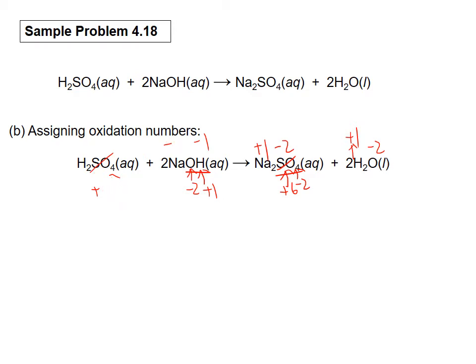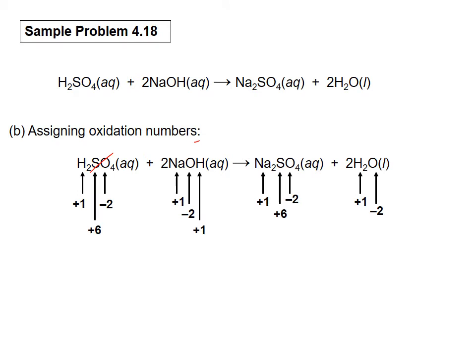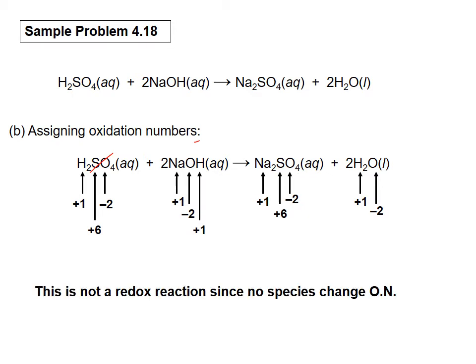So let me eliminate. Okay, so here are the oxidation numbers, and you can see none of the atoms' oxidation numbers change. So all of them remain the same. Therefore, this is not a redox reaction.